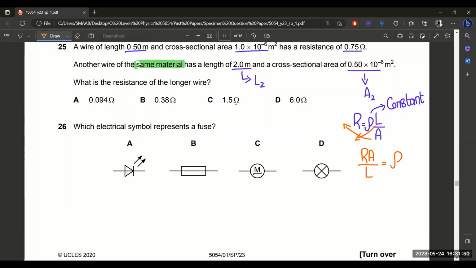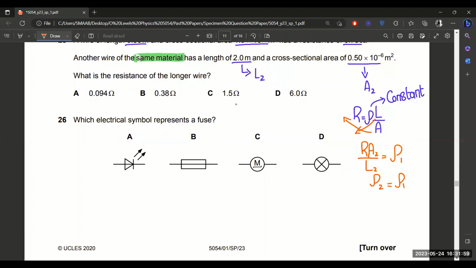That is for wire 1, and the same goes for wire 2. So R2 A2 over L2 will be equal to R1 A1 over L1, and we are calculating the resistance of the second wire, R2.